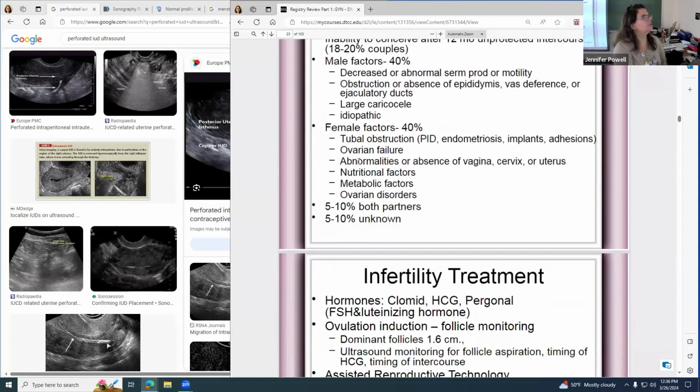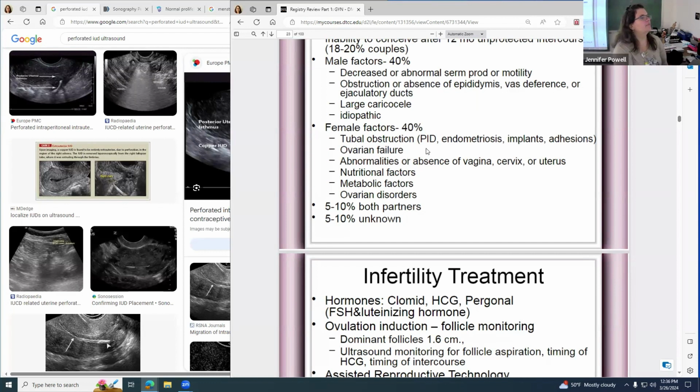For females, there could be a tubal obstruction. If there's a tubal obstruction, obviously, then not only can the egg not get from the ovary into the tube, but the sperm can't get from the uterus into the tube.